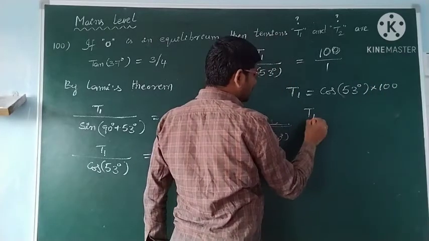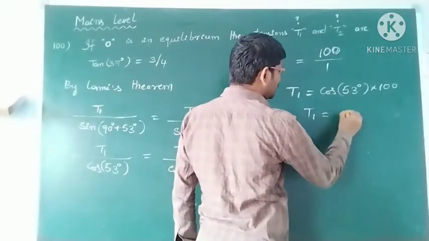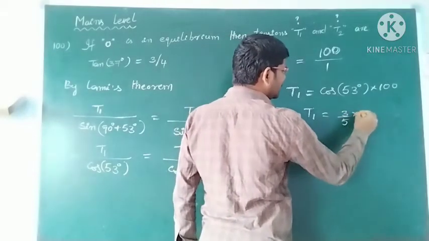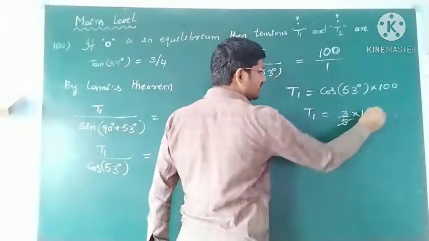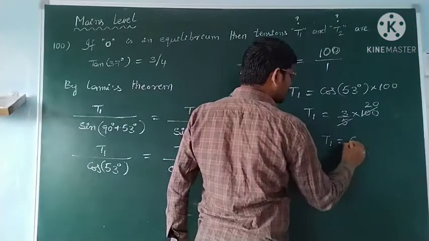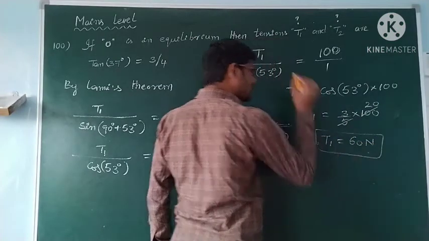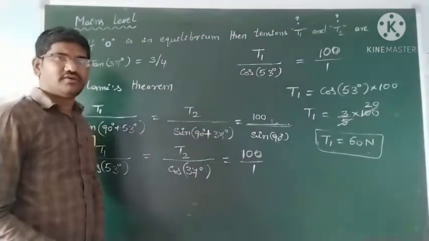Cos 53 degrees value is 3 by 5, into 100. 5 twenties are 100, so T1 is equal to 3 into 20, you will get 60 newtons. That is the value of T1.